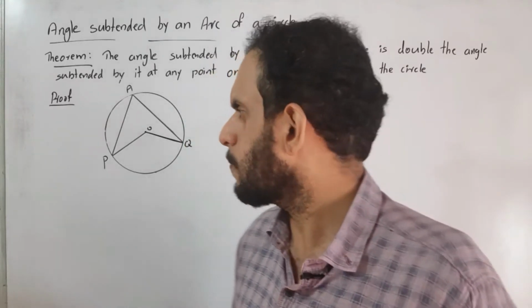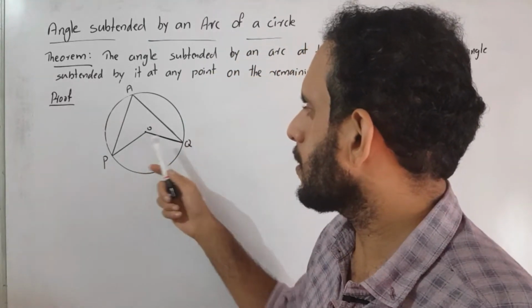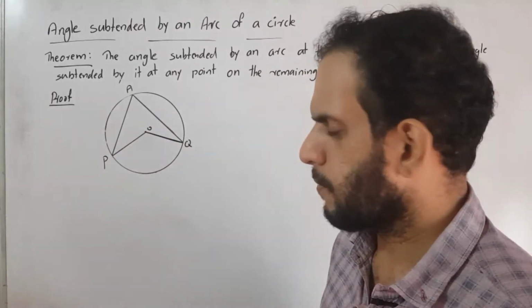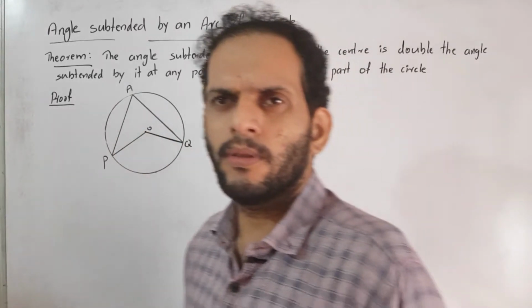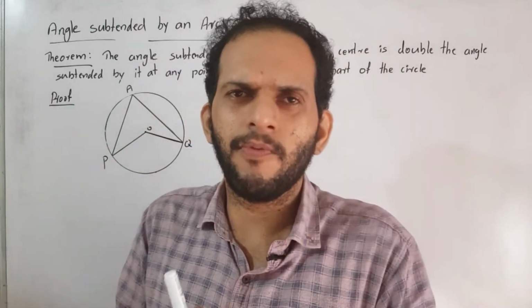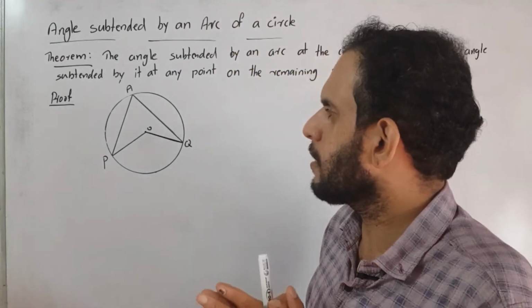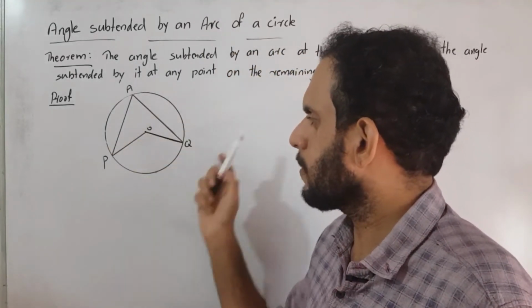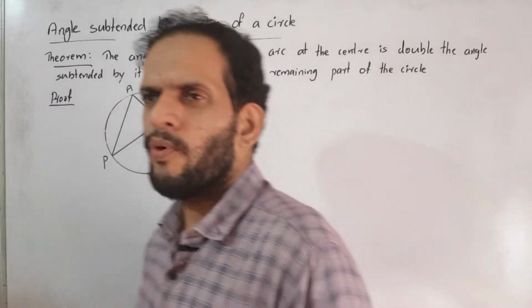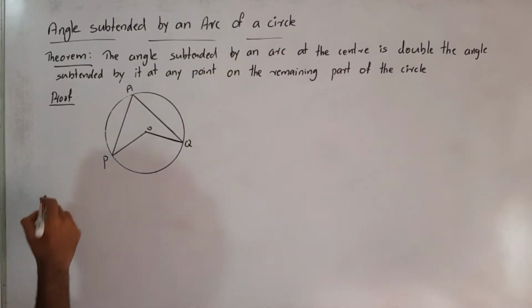So here we want to prove the result that angle POQ is double of angle PAQ. To prove the result, what is the first step of the proof? We construct the figure. Given, what is given here?